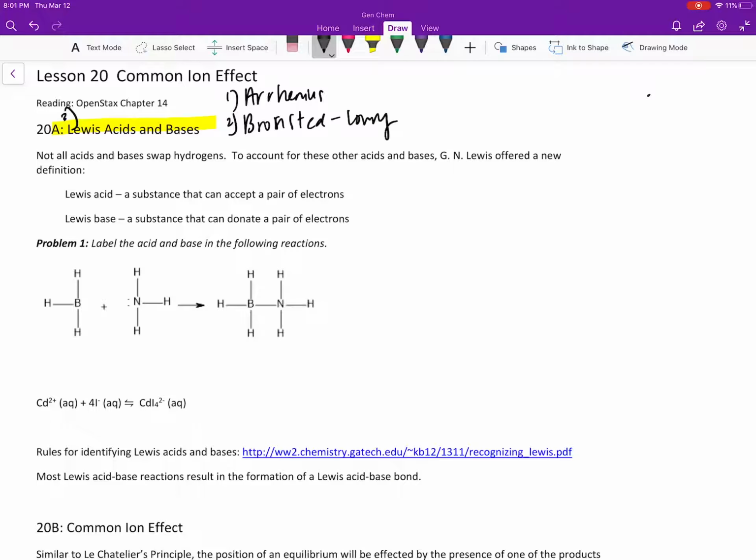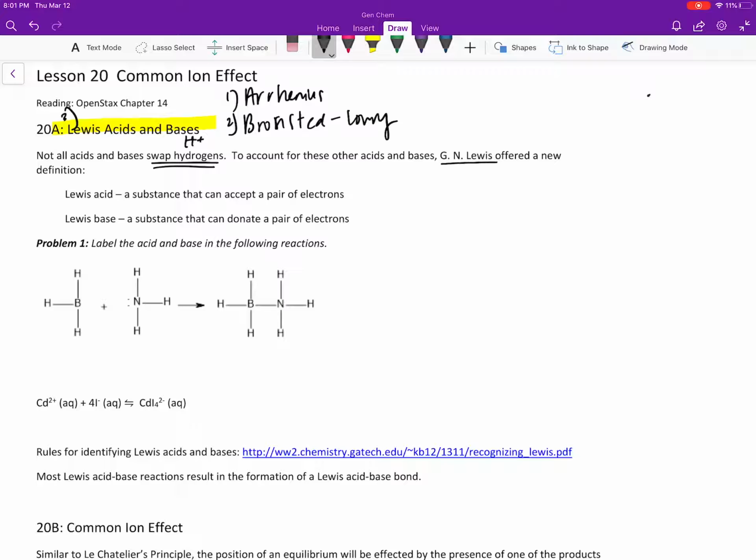The reason the Lewis definition comes along is because not all acids and bases swap hydrogens or protons. So there is another group, from G.N. Lewis, who offered this new definition about what's happening with electrons.